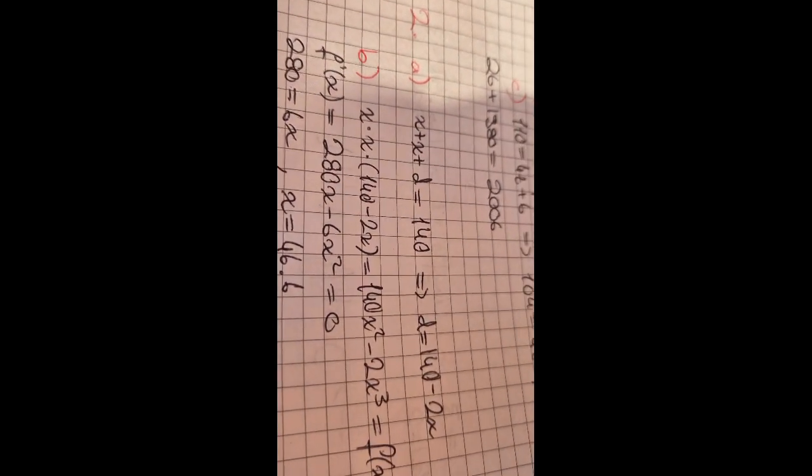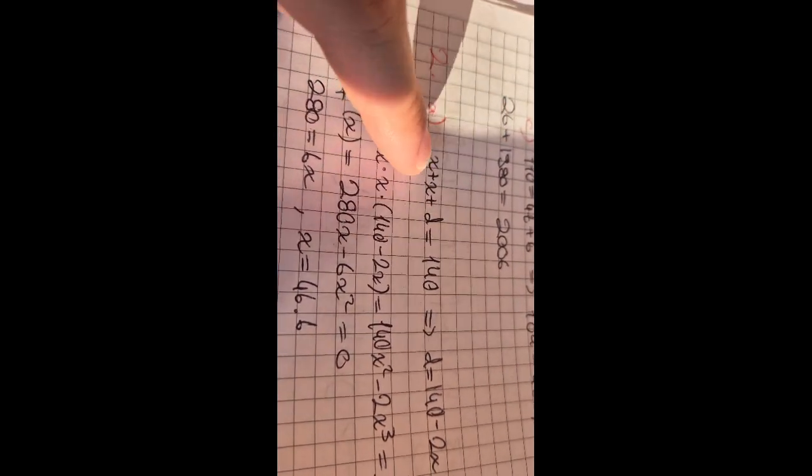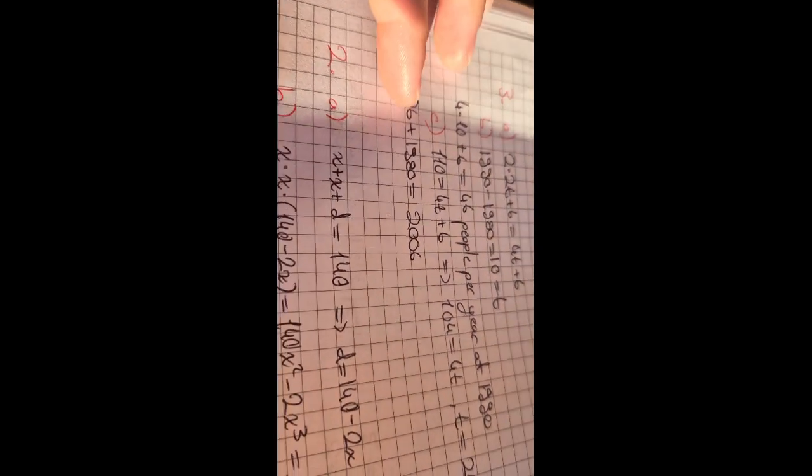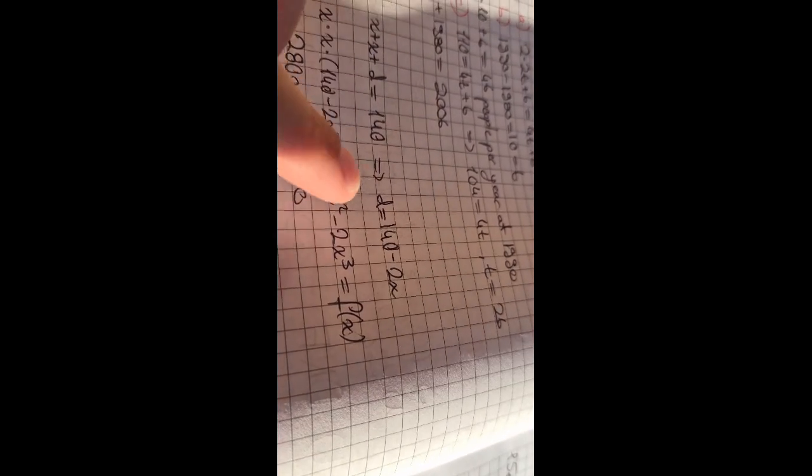In part A, I named them x, and d for the left out part, and it gave us the information that the sum total is 140 centimeters. So I set d equal to 140 minus 2x, since we already know 2x are the two other values, so we just take it out of 140 to find d.